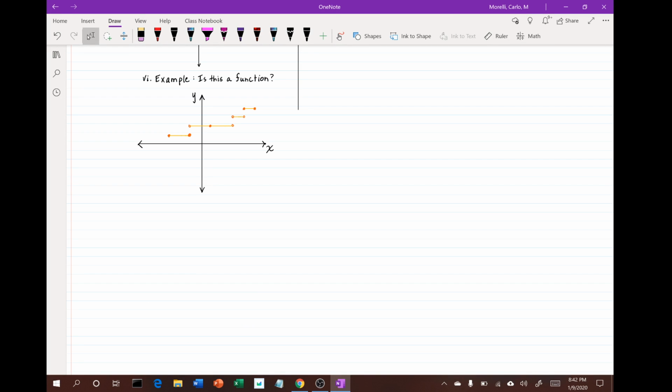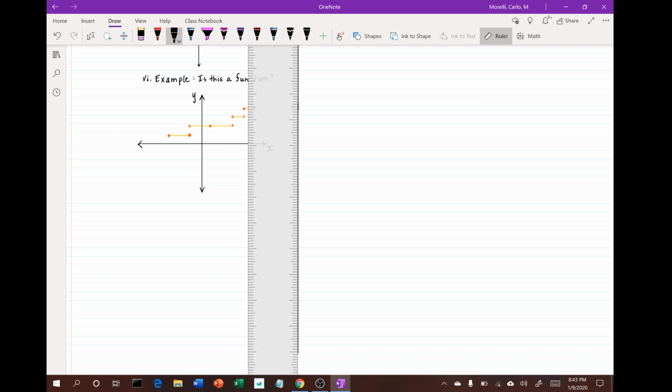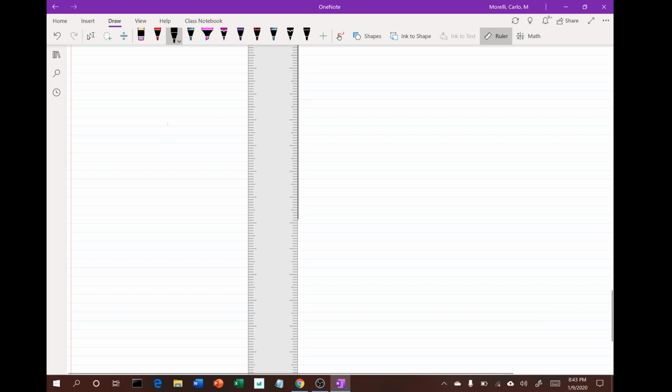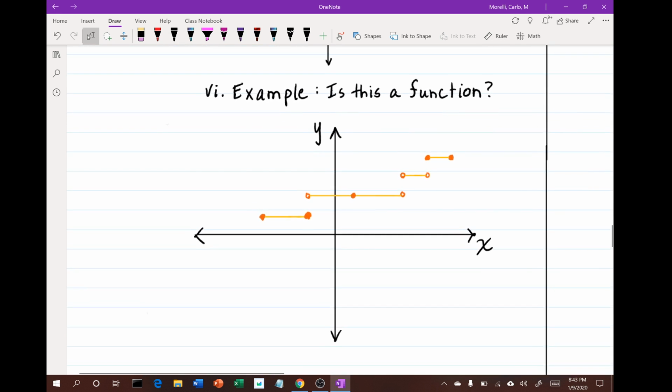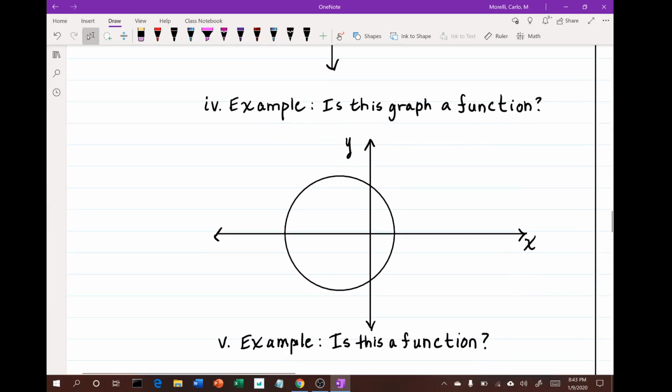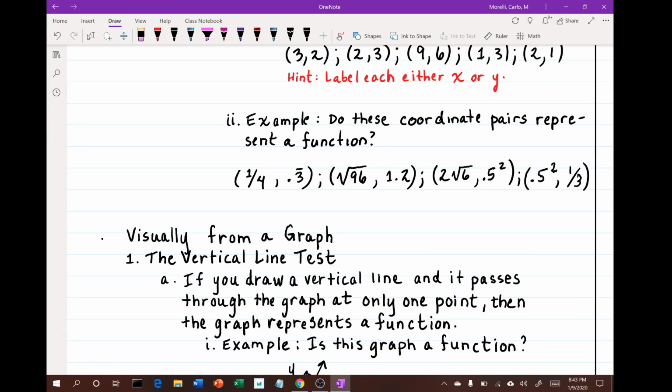And here's the point I want to make about equations, okay? Oh man, it's all off on the lines.